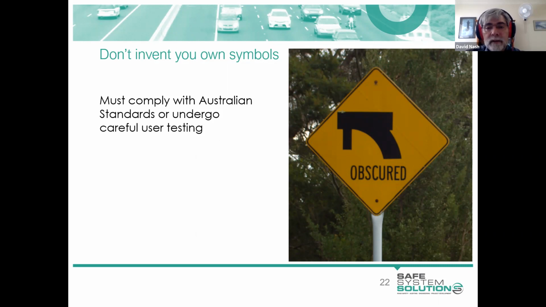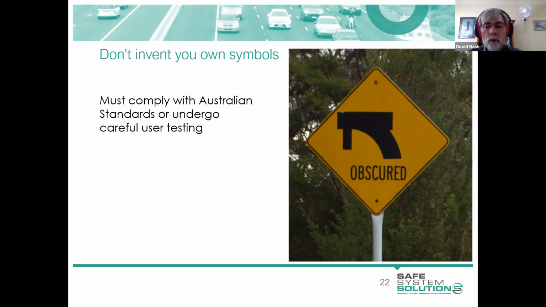If it doesn't quite match the circumstances and you think you need to design something different, make sure that it undergoes very careful testing. And also within Victoria, permission from the appropriate people in the DOT to use a non-standard sign.